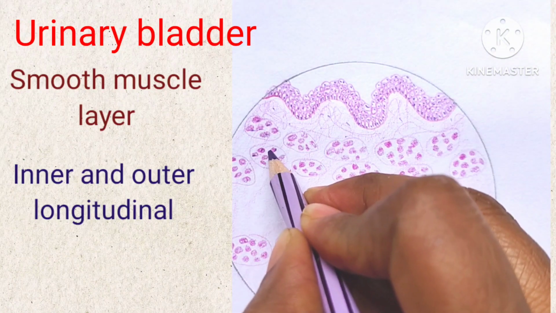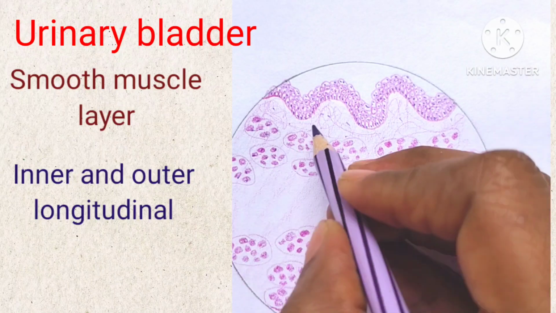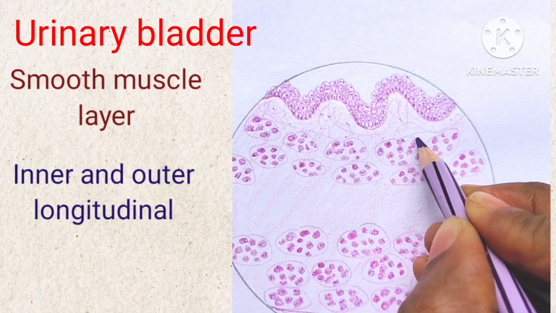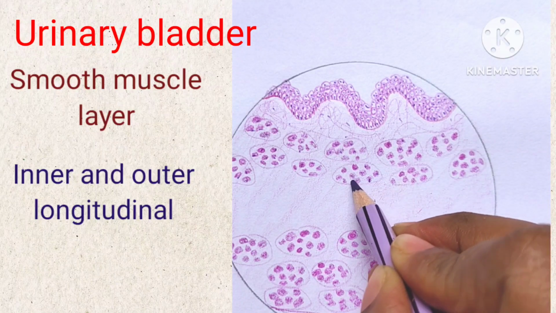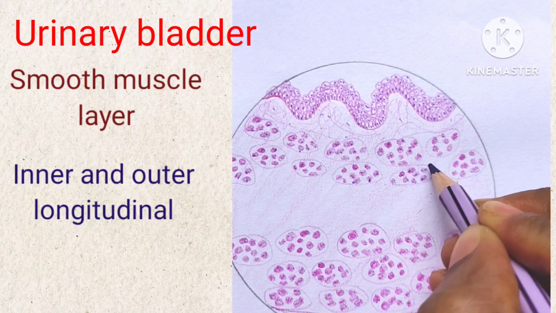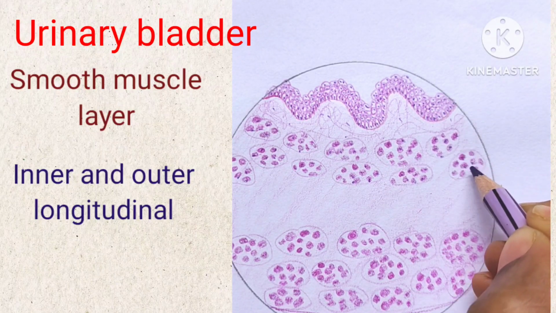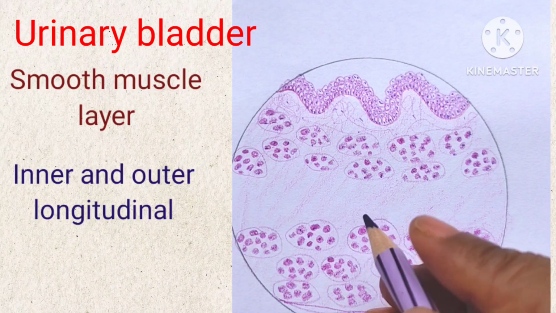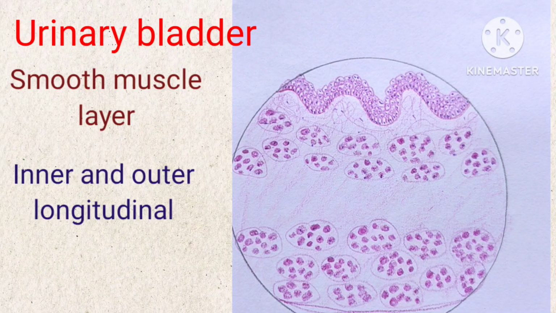Keep some blue dots in the lamina propria also. It shows the nuclei of the fibroblast and also some lymphocytes. So here I drew first longitudinal bundles. The middle gap I'm going to draw the circular smooth muscle.